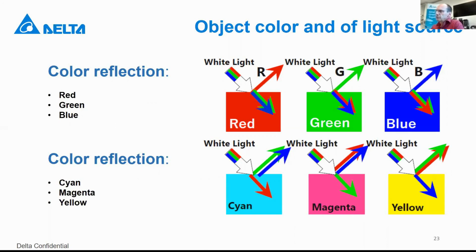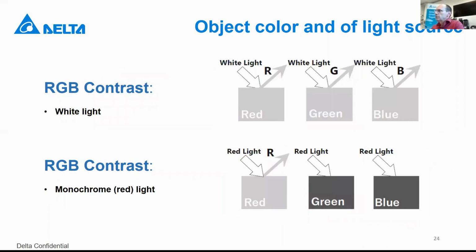If you have a very red object and you put red light on it, you see it directly, and with a green or blue filter you can also create some contrast, because when you use white light, it can be more or less the same color, red, green or blue.